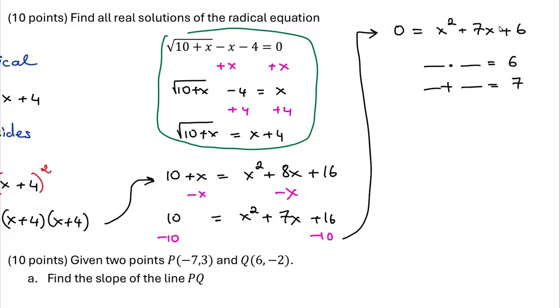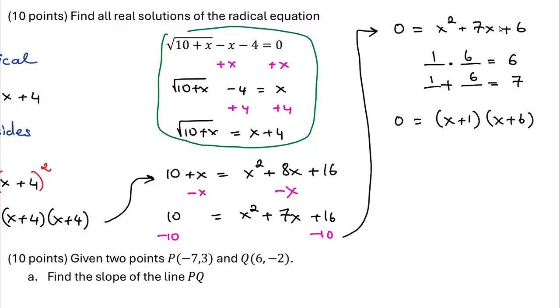Are they 1 and 6? So I can factor that to be x plus 1, x plus 6. All right. And separate, I get x plus 1 equals 0, x plus 6 equals 0. Subtracting 1 on both sides, I get x equals -1. Subtracting 6 on both sides, I get x equals -6.